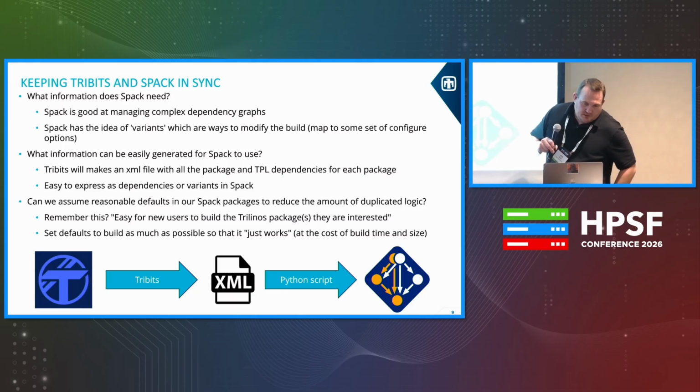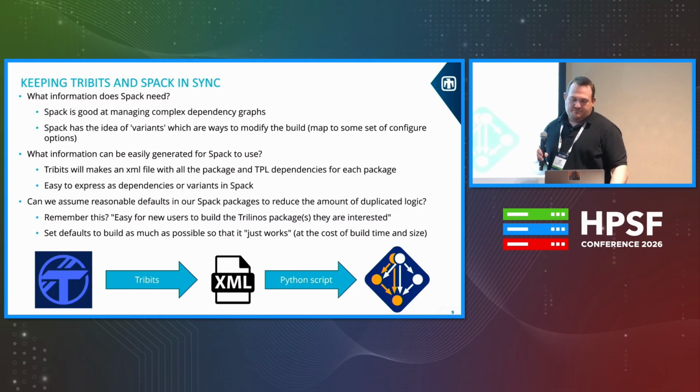So the kinds of things we need to capture are the dependency graphs between the packages. There's also some calibration here, or some negotiation, at what level we add variants to Spack. Some other questions were what kind of information is easy to grab from the build system.